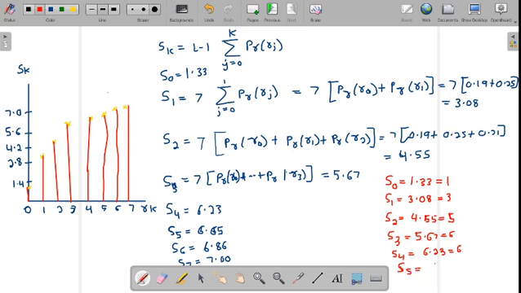S5 is 6.65, which is rounded off to 7. And next S6 is 6.86, so it is rounded off to 7. Next S7 is 7, so it stays 7.